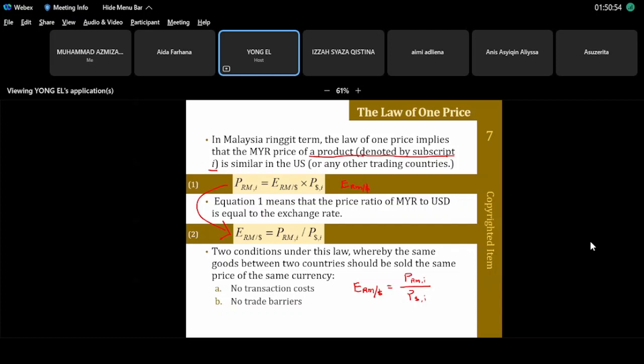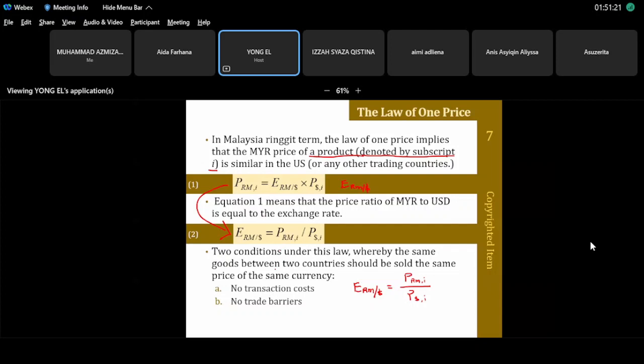A commodity basket comprises a variety of products, goods, and services that people in the country consume. We have a price index to summarize the prices in the basket. In other words, the price index is the price level of that basket, just like the consumer price index.